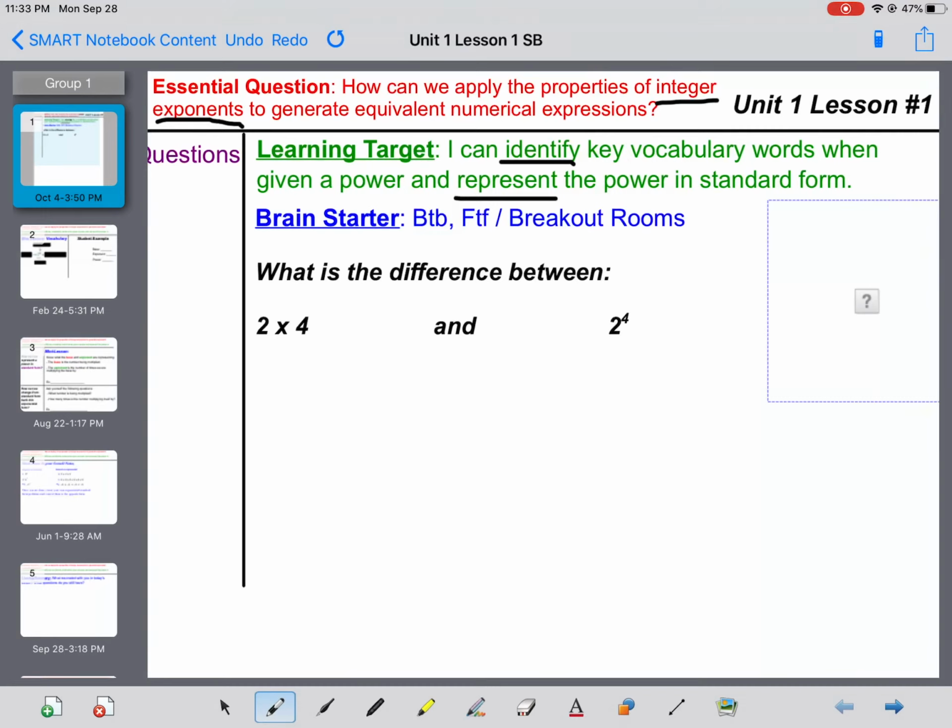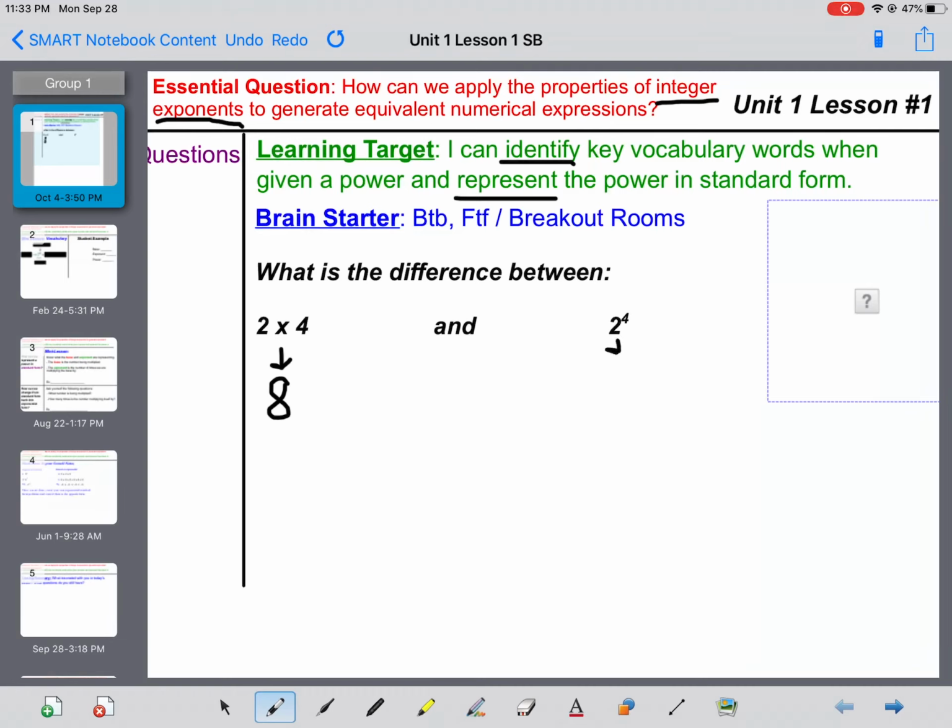For the brain starter, the question is, what is the difference between 2 times 4 and 2 raised to the 4th power? If we do 2 times 4, we know with basic multiplication this equals 8.